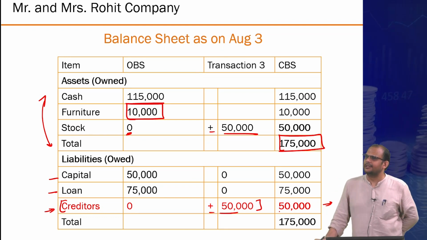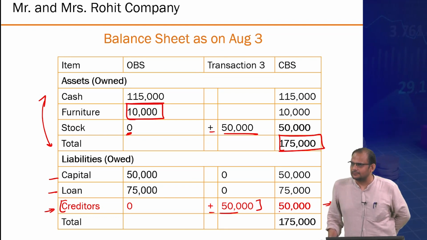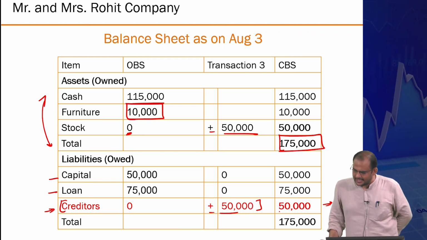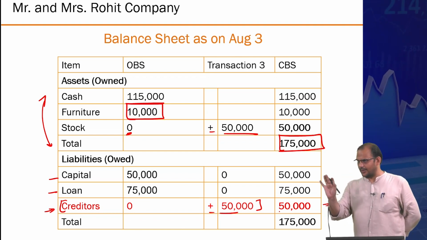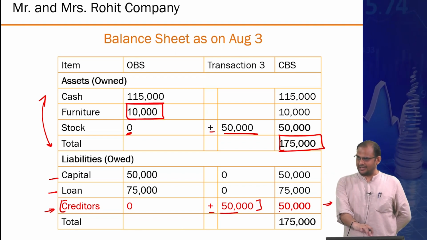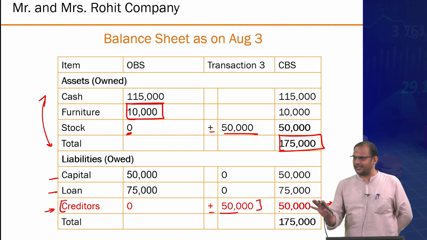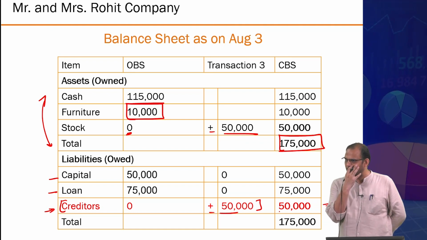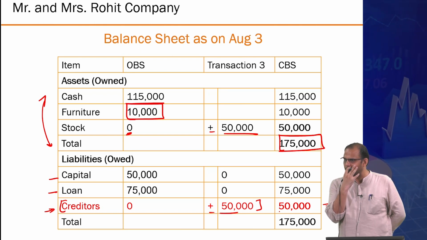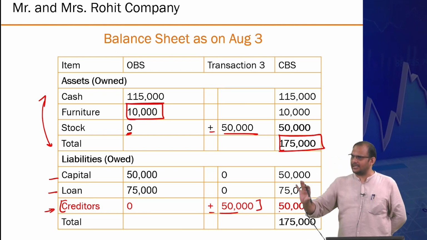Yes. Yeah, so that's a principle of accrual. But here the cash has not gone out of the system yet, right? We are showing the creditors as 50,000. No, that's about profit and loss related thingy.